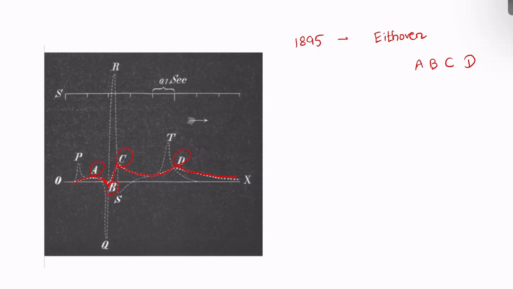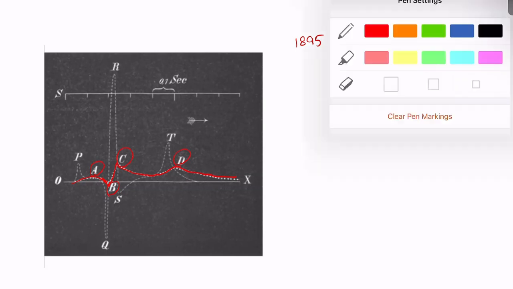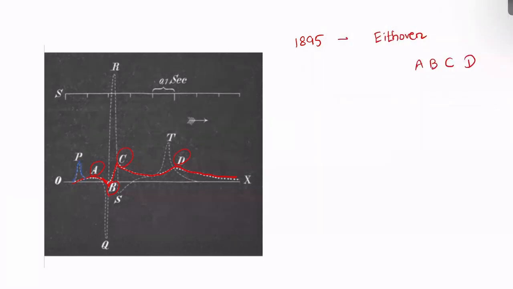Later on, he found out that there are not only four waves, there are basically five waves, and so he named them P, Q, R, S, T. After that, he found out that there are a total of five waves, P, Q, R, S, T. So why did he give this name PQRST?